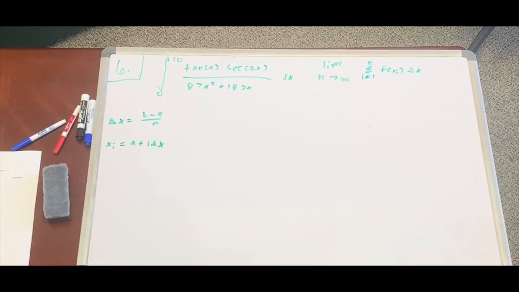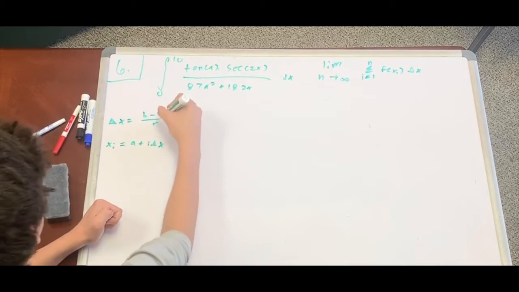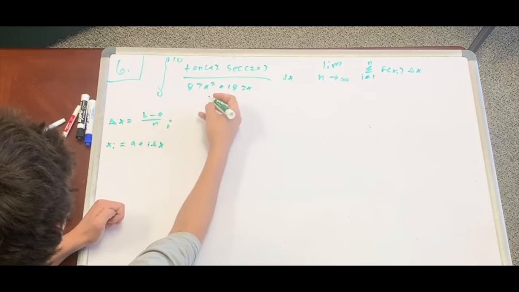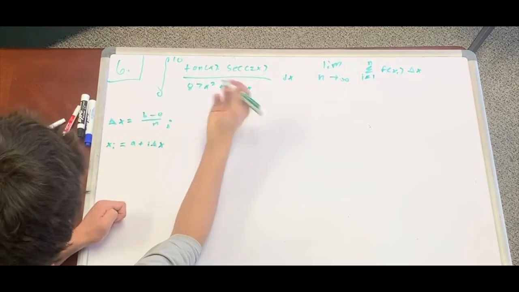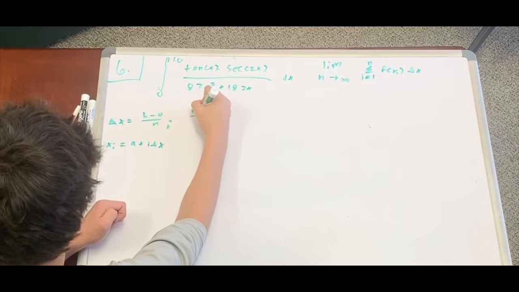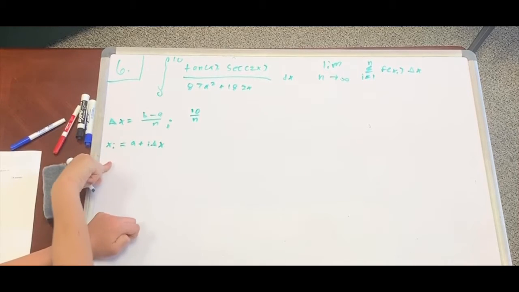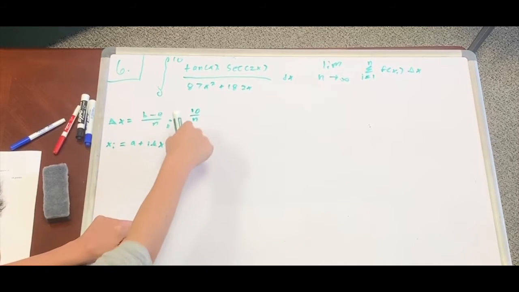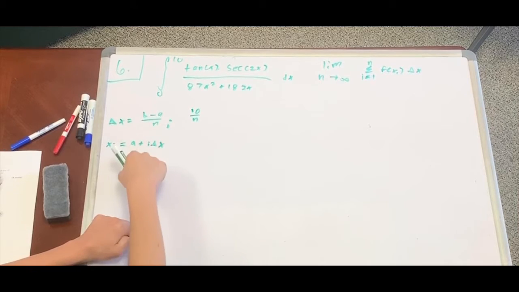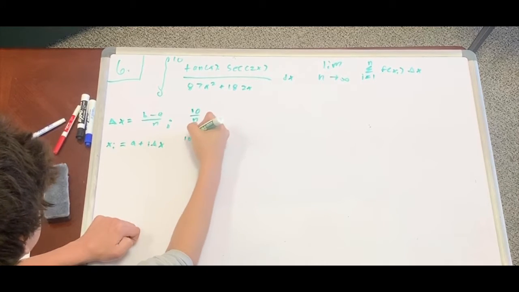So once you know these formulas, it's pretty easy to rewrite it, but it's just the knowledge of having this is what makes it difficult. So delta x in this example is 10 minus 0 over n, so that's just 10 over n. And then xi is just a plus i times delta x, which a is 0, so it will just be 10i over n.